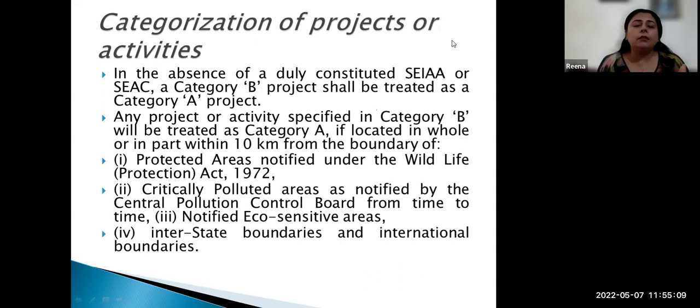And then again, it is the prerogative of the central government that they can transfer that project back to B category. For example, there was this Attari Wagah border project, and I submitted the application to the Ministry of Environment and Forest because I considered this to be an A category project, the project being at 4 meters distance from the international boundary of Pakistan.